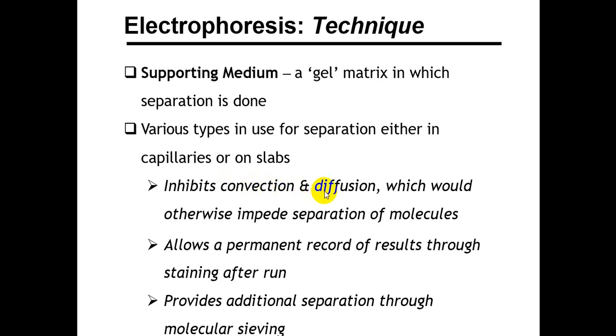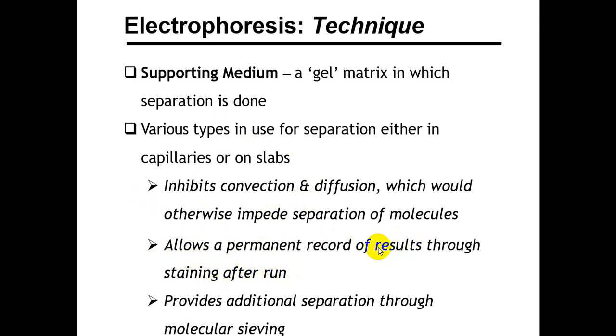Then the gel should be able to prevent diffusion due to overheating of the trough or the container or the basin in which the electrophoresis is taking place. Then also the gel matrix should be able to allow a permanent record of results through staining after the run. And most of the time we use ethidium bromide to stain the gel.